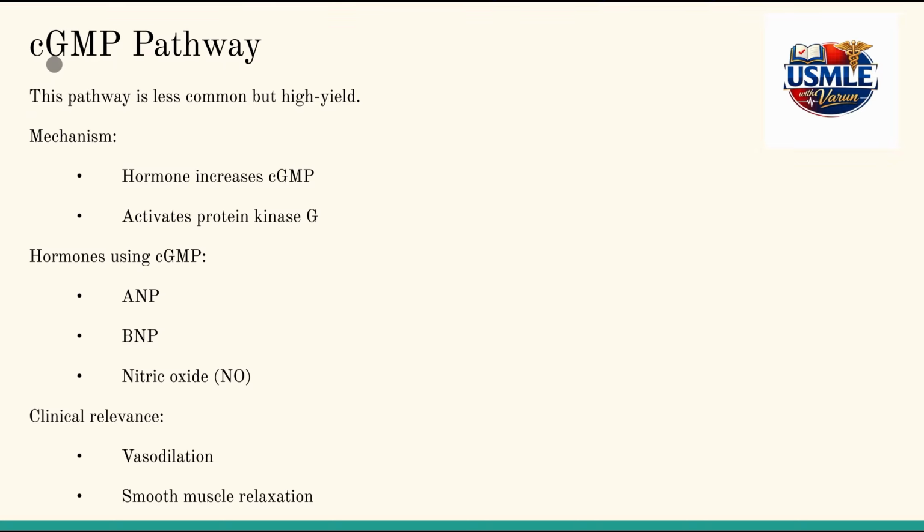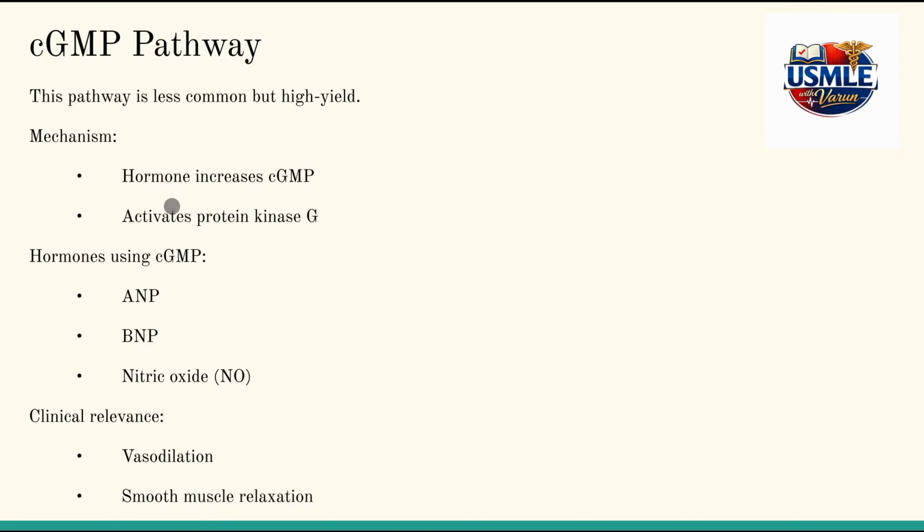Now let's discuss the cyclic GMP pathway. Hormones like ANP, BNP, and nitric oxide act via cyclic GMP. This pathway causes vasodilation and smooth muscle relaxation.